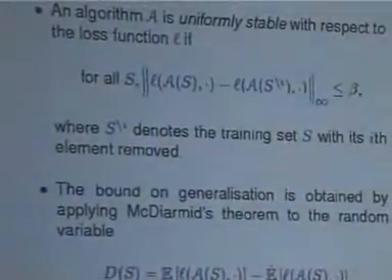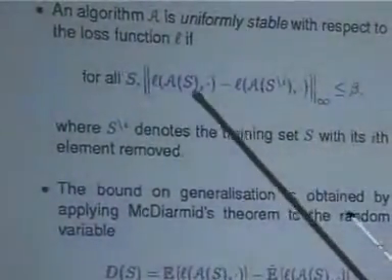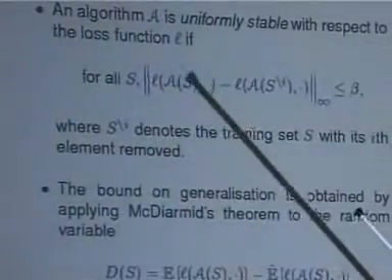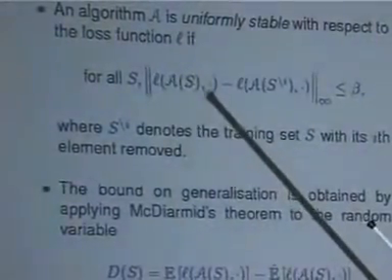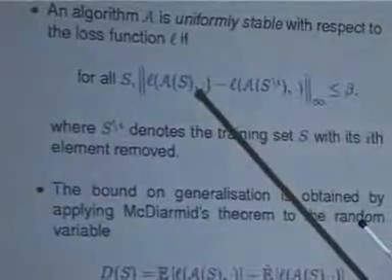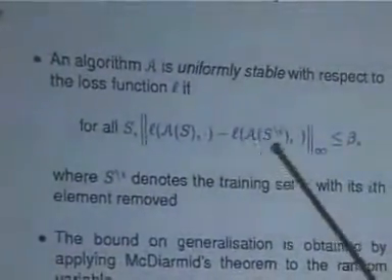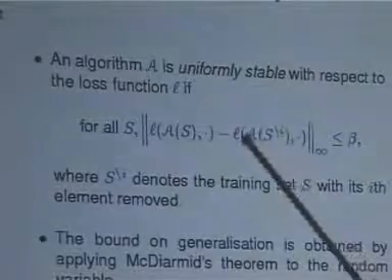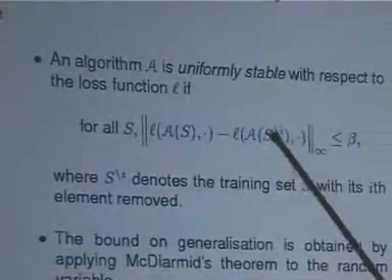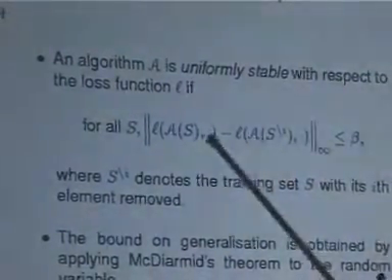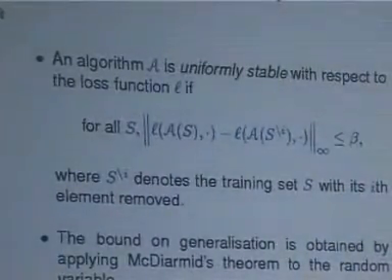That's the idea here. And what we have to check is that if we apply the result of that function to a new example, the loss associated with that and the loss associated with this when we apply it after removing that example is, for all test examples, less than or equal to beta.